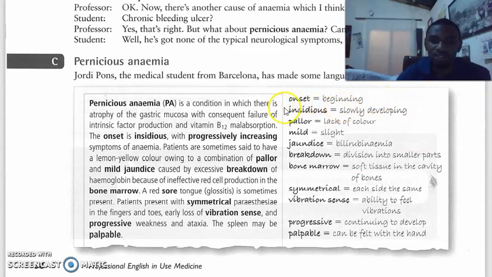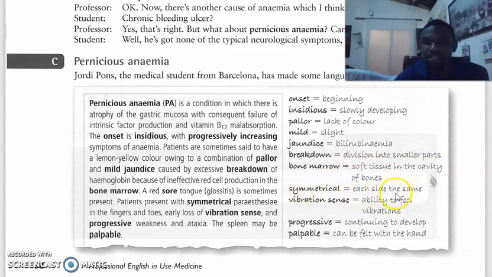Onset, beginning. Insidious, slow developing. Pallor, lack of color. Mild, slight. Jaundice, bilirubinemia. Breakdown, division into small parts. Bone marrow, soft tissue in the cavity of bones.